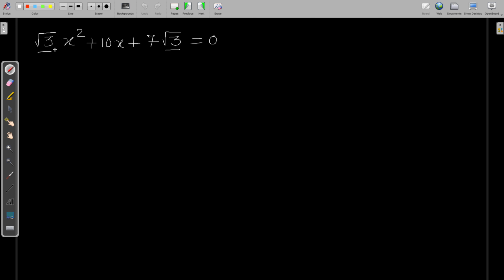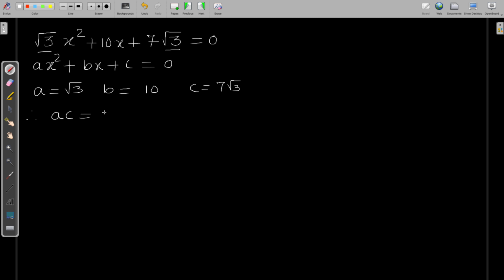Now here, if we compare this with the quadratic equation general form, ax squared plus bx plus c is equal to 0, our a is root 3, our b is 10, and c is 7 root 3. Therefore, the product of a and c, that is ac, will be root 3 times 7 root 3.